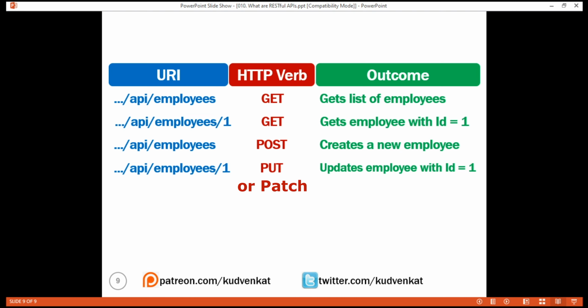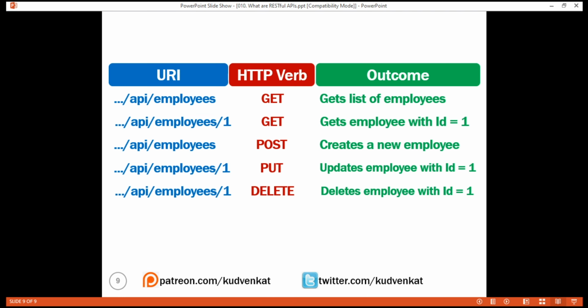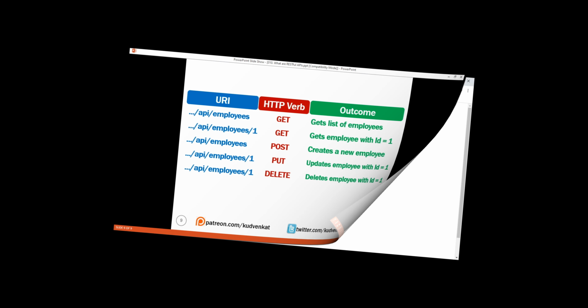Basically, all the properties of the object are updated. PATCH is used when you want to do a partial update, that is only a subset of the properties, maybe just first name and gender of an employee object. Finally, to delete, we use this URI along with the HTTP verb DELETE. Obviously, in the URI, we pass the ID of the employee whose record we want to delete.